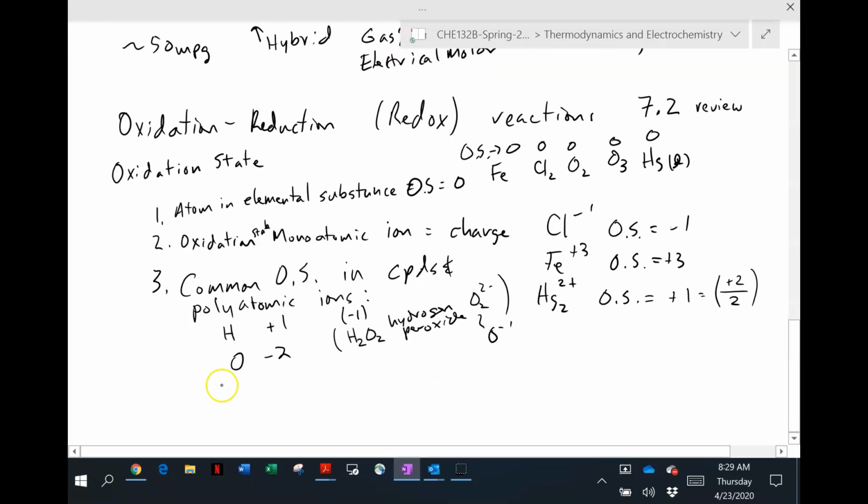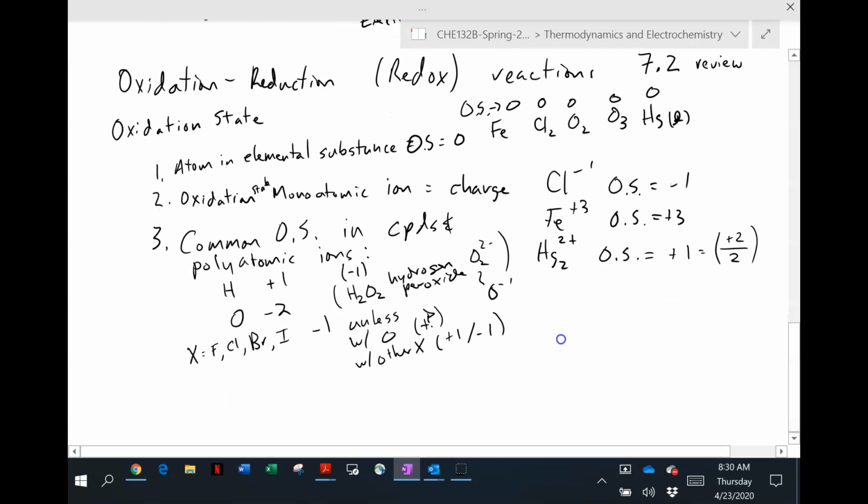And halogens, usually I refer to them as X, but fluorine, chlorine, bromine, iodine, they tend to be -1 unless with oxygen, in which case they're going to have positive charges, and that positive charge of course will vary. If it's in an interhalogen compound, it's going to tend to be either +1 or -1. We'll look at an example later on.